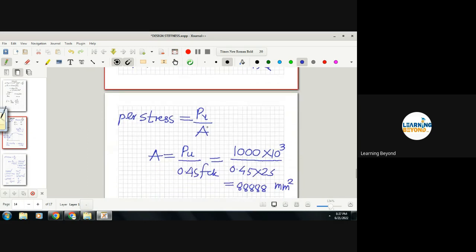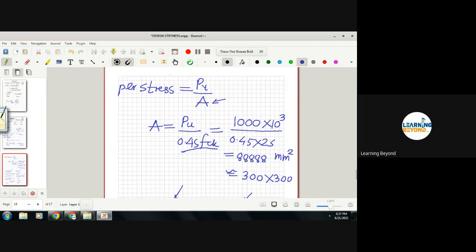And now we are interested in finding out the area. So if I want area, then I will divide this ultimate load by permissible stress, 0.4 FCK or 0.45 FCK. So force upon permissible stress. This is area required. And I will provide, say, 300 by 300, the square root of this.